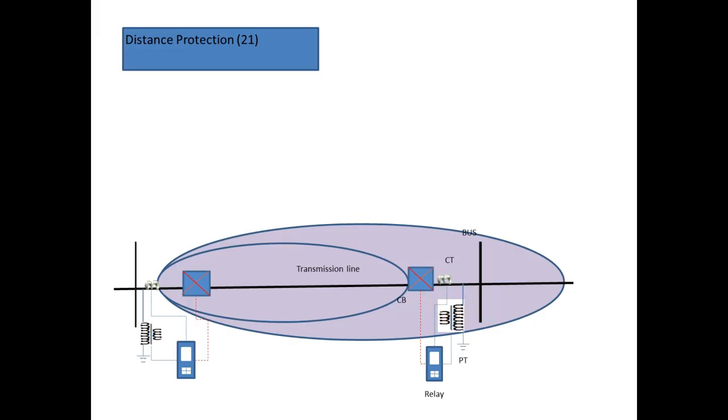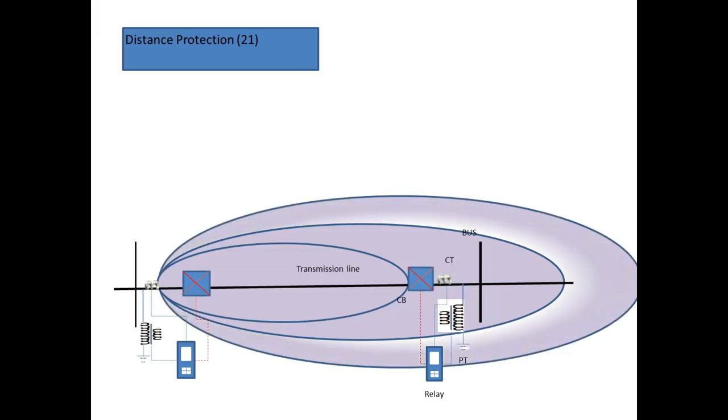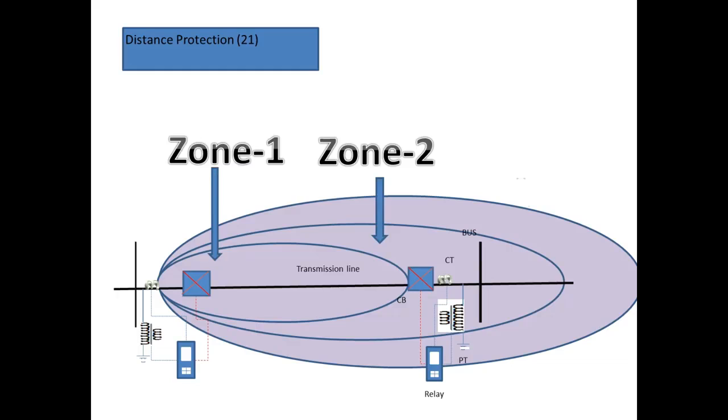This is the second area. Next, we need one more area, an overall backup protection. So we are considering this third area. The first area is known as zone 1, the second area as zone 2, and the third area as zone 3.